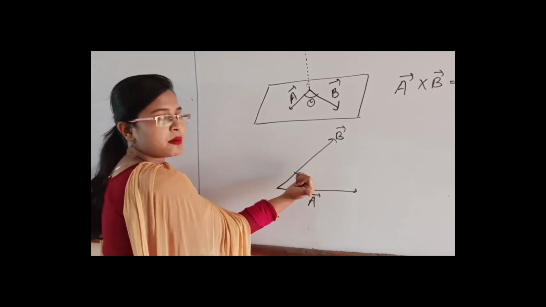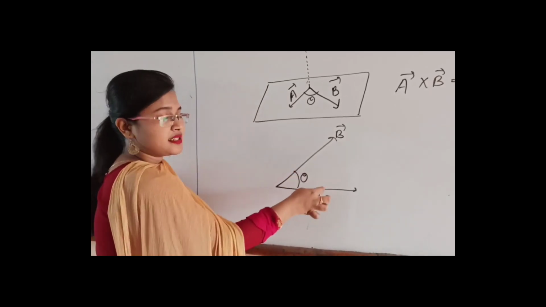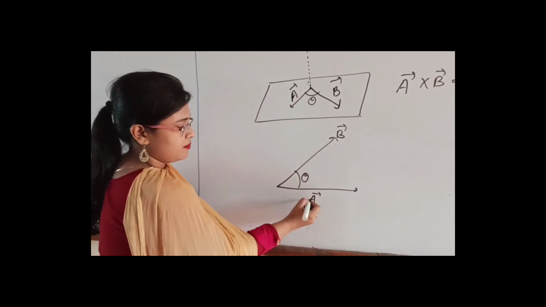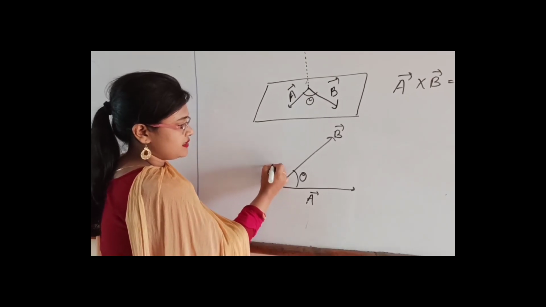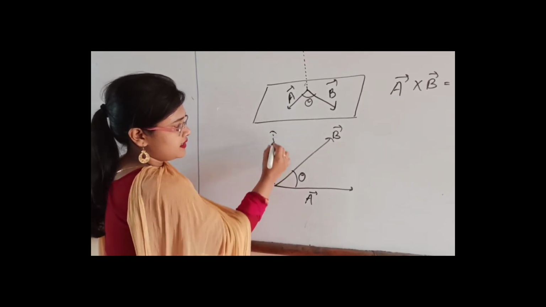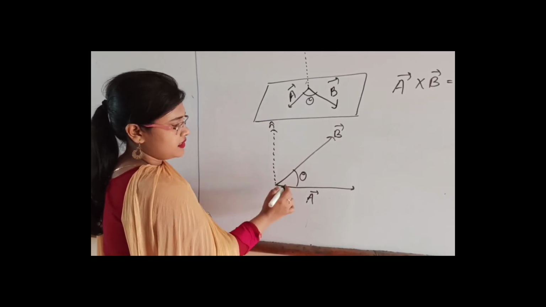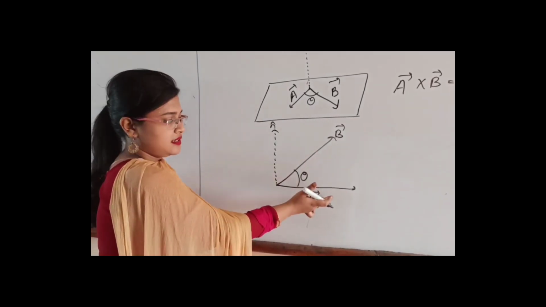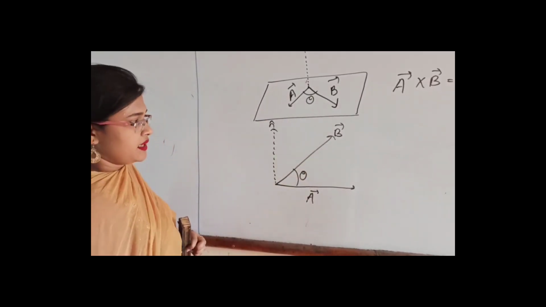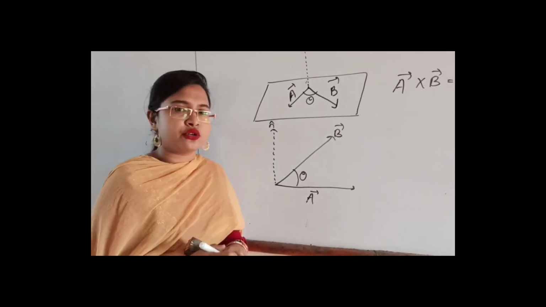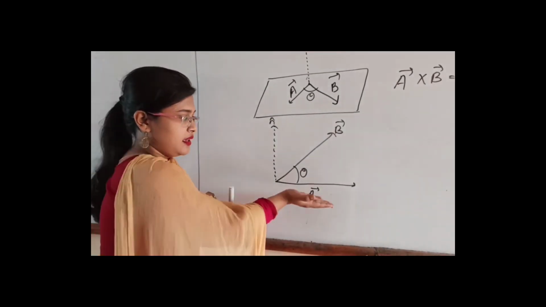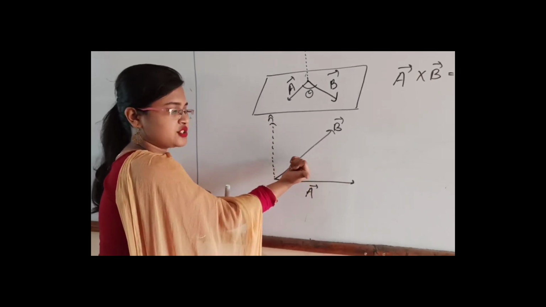The direction is perpendicular to the plane containing vectors A and B. So, for convenience, let us draw it like this. This vector is perpendicular to the plane containing vector A and vector B. Clear? So using the right hand rule, you can find A cross B, and the direction is outward.